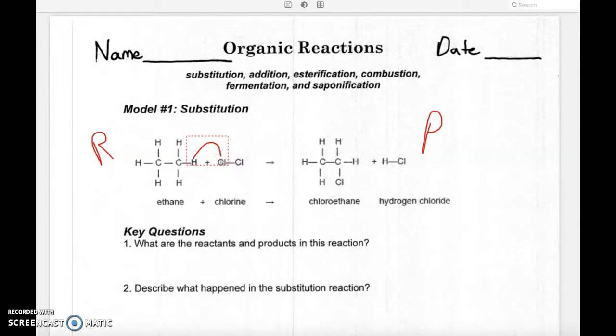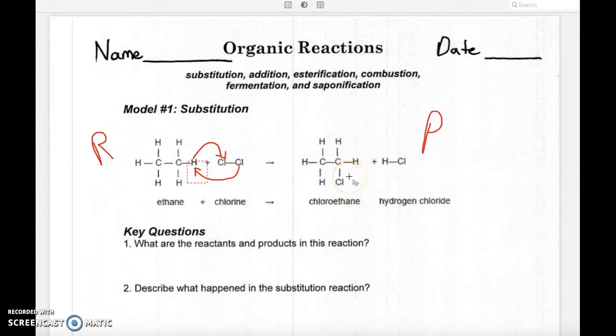This hydrogen is going to lose itself and jump onto this chlorine, while this chlorine over here bumps it out and replaces it. So literally what is happening, and we can see that over here, is that the chlorine has replaced a hydrogen in the reaction.